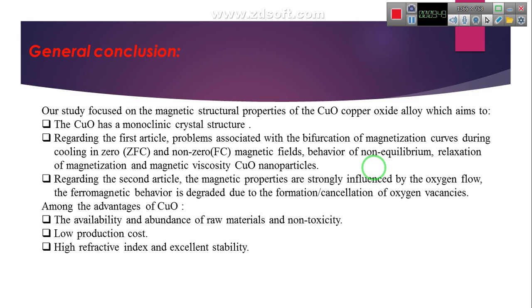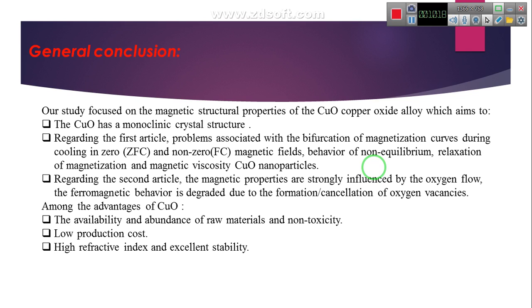Regarding the first article, the problems associated with the bifurcation of the magnetization curve during cooling in zero and non-zero magnetic field, the behavior of non-equilibrium relaxation of magnetization, and magnetic viscosity of CuO nanoparticles.